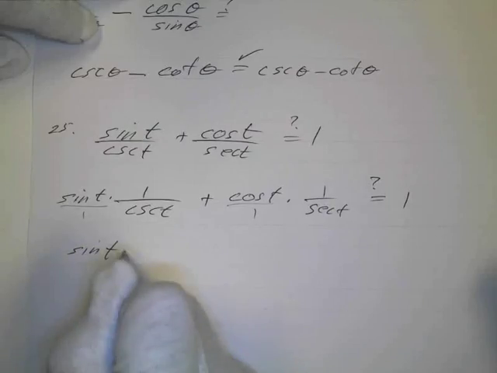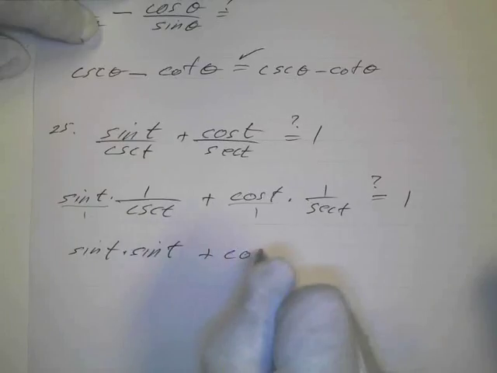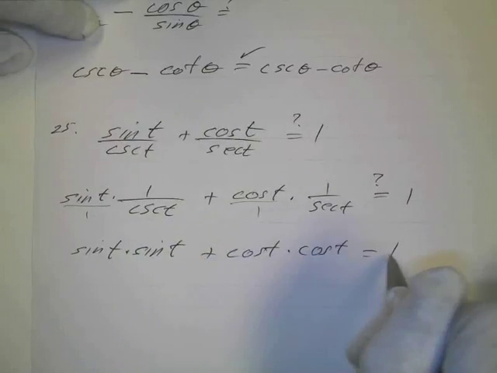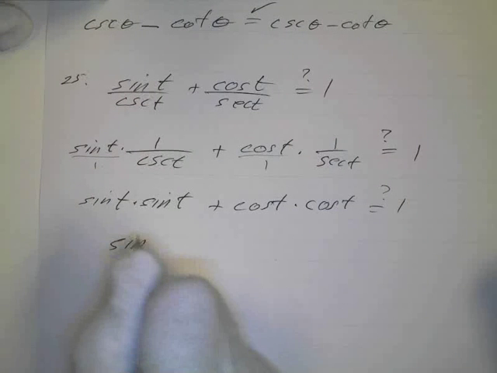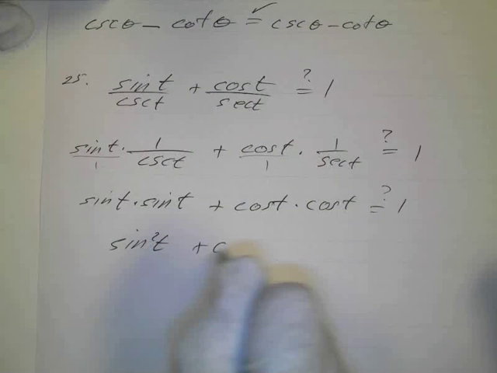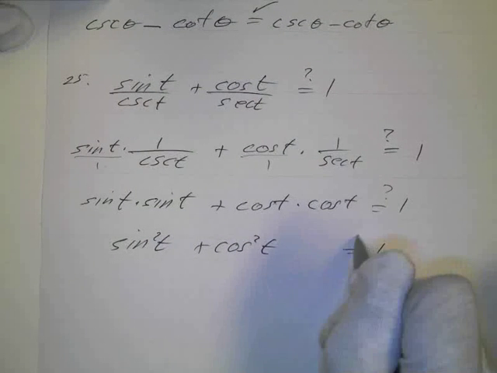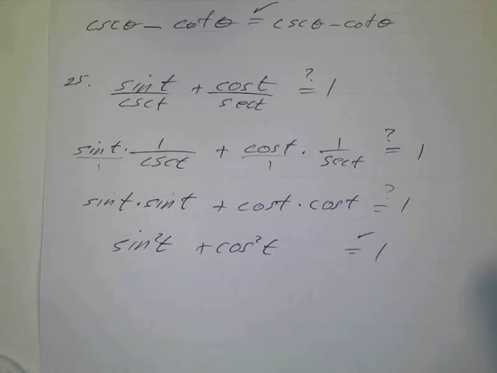So this is the sine of t times the sine of t, and this is the cosine of t times the cosine of t. Does that equal 1? Well, that's a sine squared of t plus a cosine squared of t. What does that equal? 1. Sure, that's our favorite Pythagorean identity.